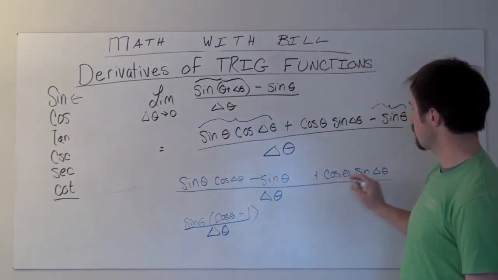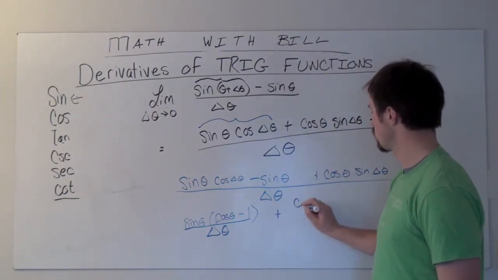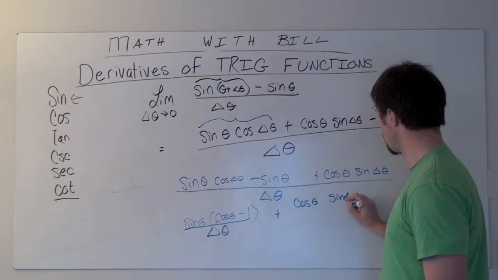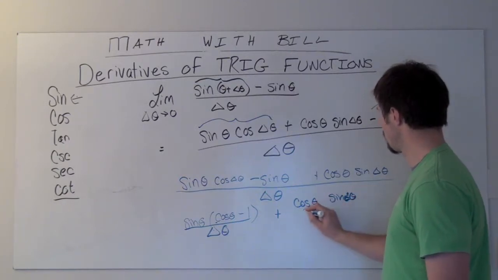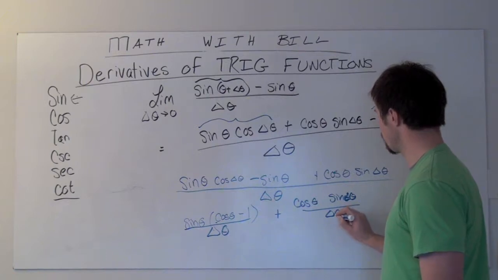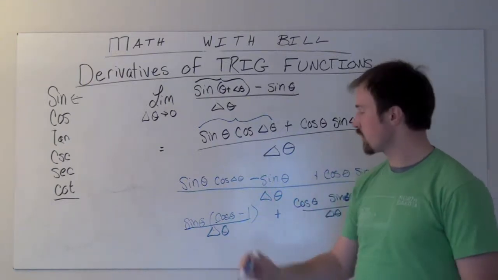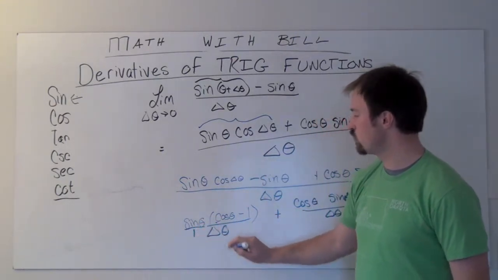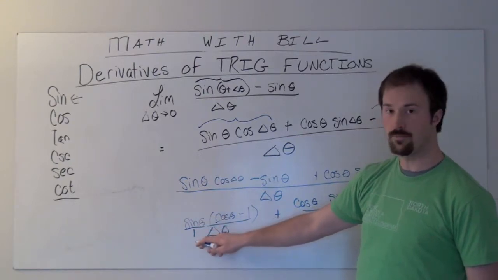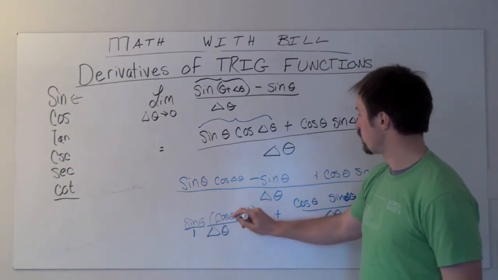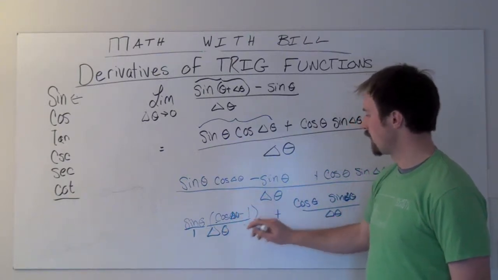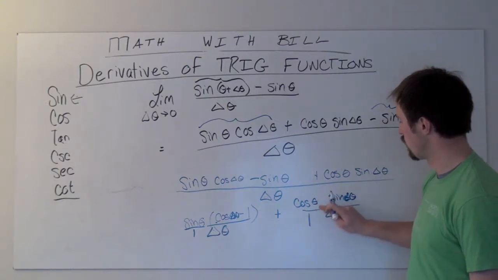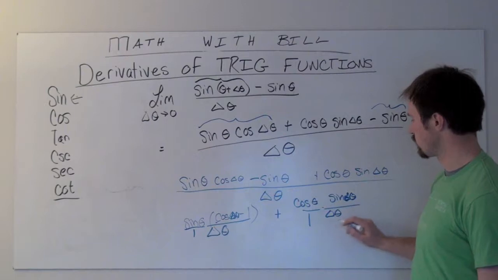The second part here then becomes plus cosine theta times sine delta theta, all divided by delta theta. Because each of these terms now has a multiplier, I'm going to separate this out and make it a product of two fractions: sine theta over 1 times cosine of delta theta minus 1 divided by delta theta, plus cosine theta over 1 times sine of delta theta divided by delta theta.